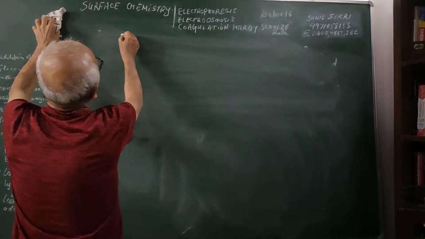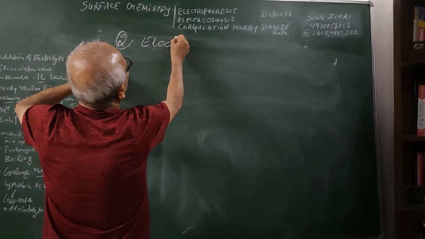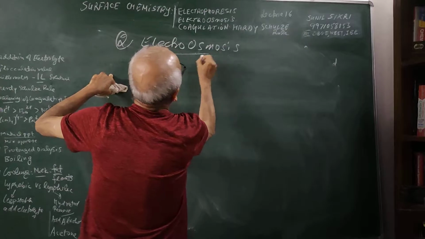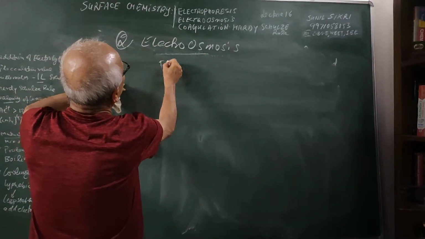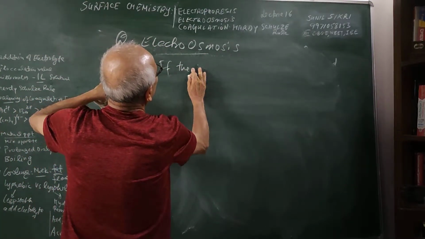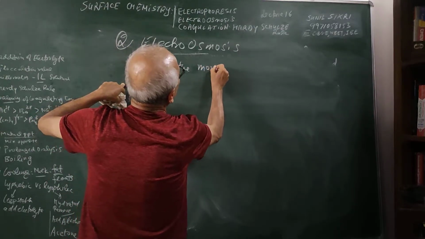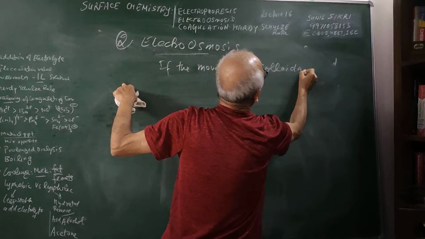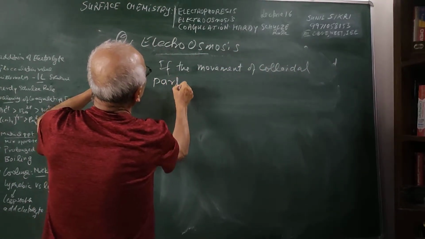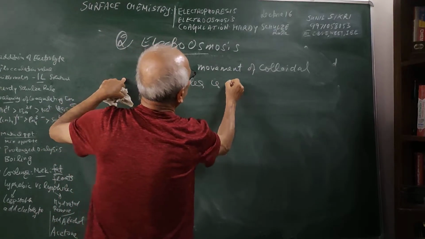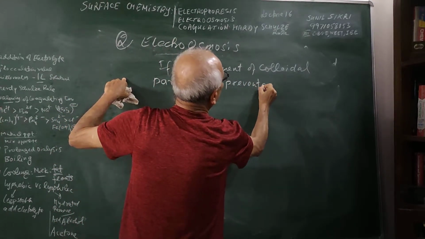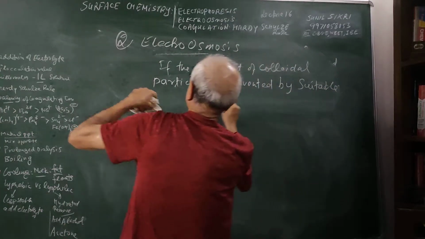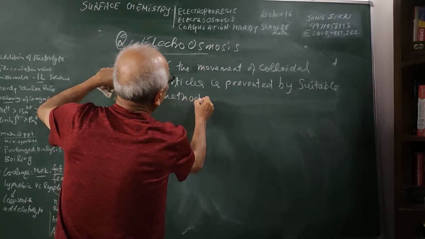Second thing I am talking is electroosmosis. Electroosmosis means if the movement of colloidal particles is prevented by suitable means, by suitable method, then what will happen?